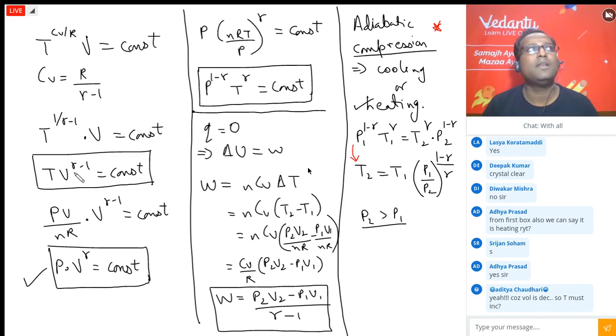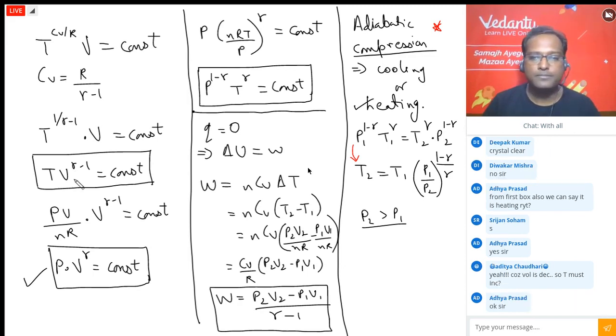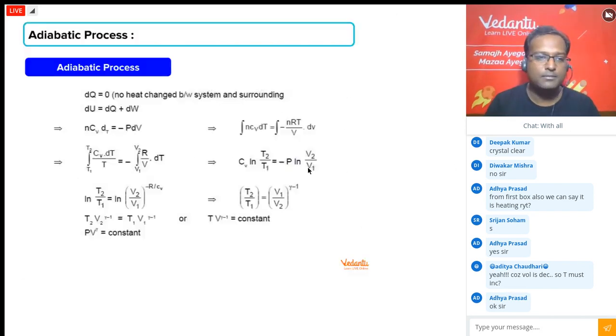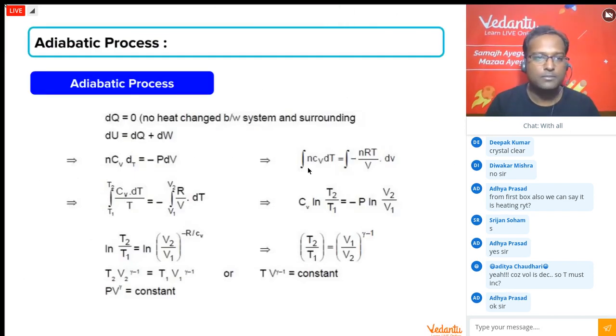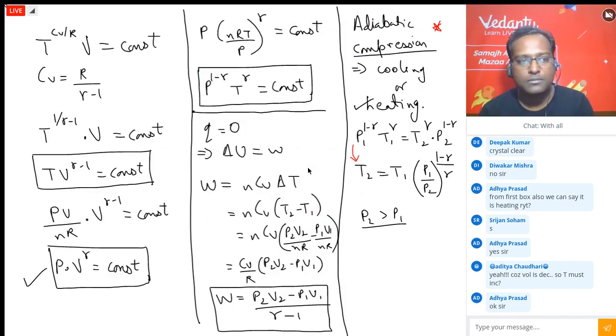Gamma minus 1 will always be a fraction. Yes, so you'll not have a problem. You can do it. Any other doubt? Okay, then let's move ahead.